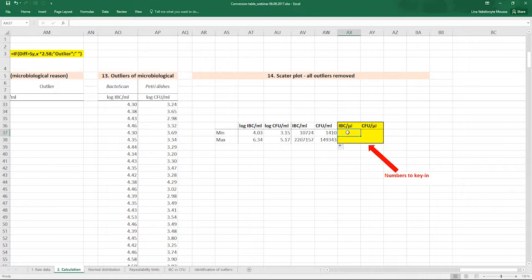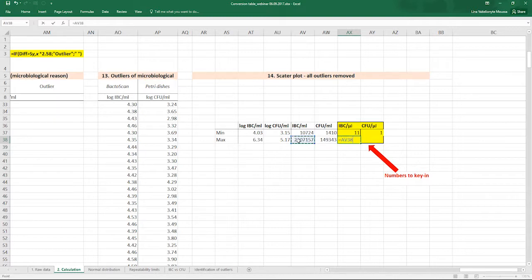To recalculate per microliter, we have to divide the data per milliliter by 1,000 and you will get 11 IBC per microliter equal to 1 CFU per microliter.